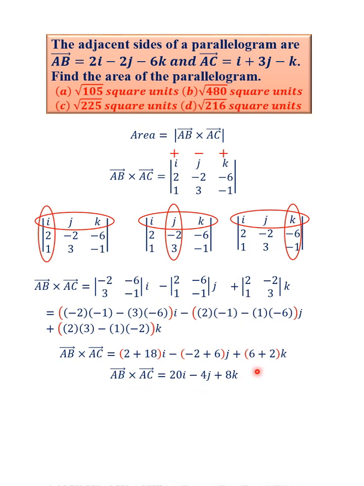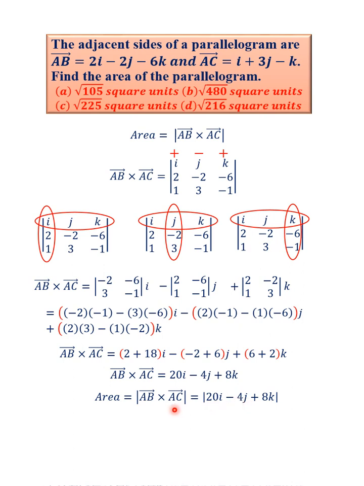This is the cross product of vectors AB and AC. Now that we've obtained the cross product, the area is simply the magnitude of the cross product, which will be equal to the magnitude of the result we've just obtained.